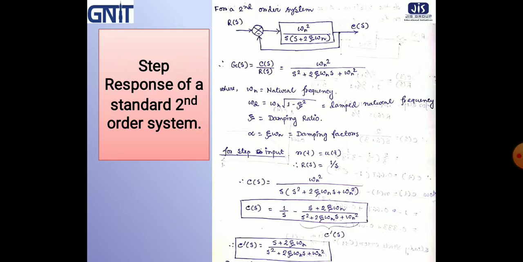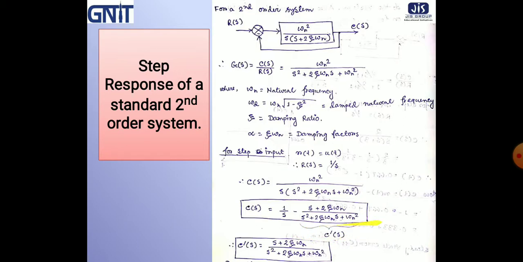If r(t) is equal to u(t), then R(s) will be 1 by s. Now put the value of R(s) in this equation, then we get C(s) is equal to this. If we apply partial fraction, then we get C(s) like that.